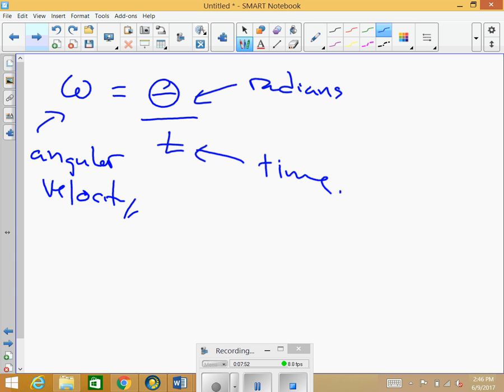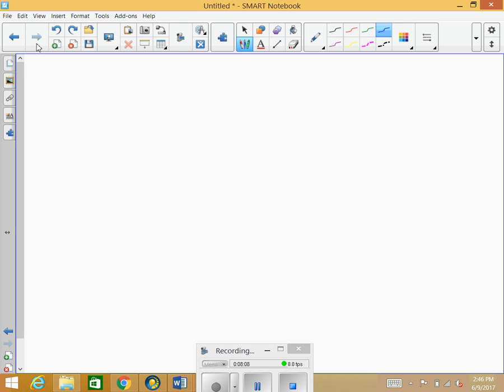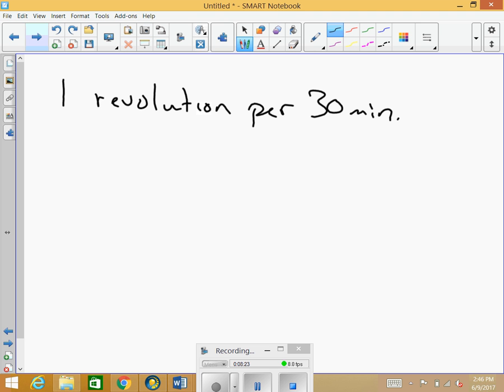So, in your example number 3, it says the London Eye has a wheel diameter of 135 meters and completes one revolution every 30 minutes. So if it completes one revolution per 30 minutes, that means it goes around once in the circle.